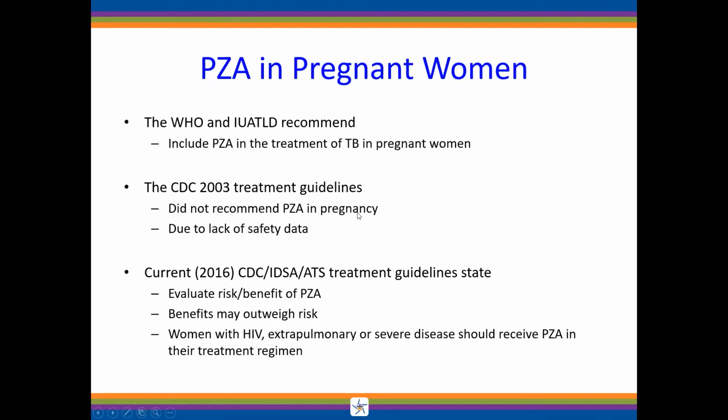In the past, the CDC did not, due to a lower amount of data on safety. But in the more current recommendations from 2016, CDC did say that PZA probably has benefits that outweigh the risk, and it certainly should be included in the regimen in severe disease or in patients with HIV.